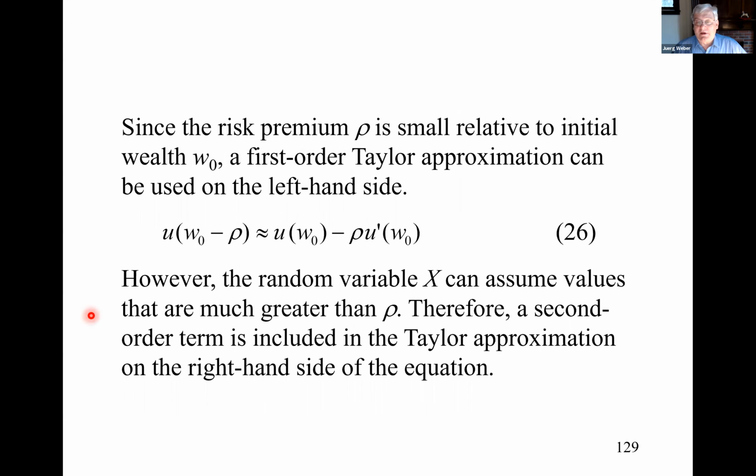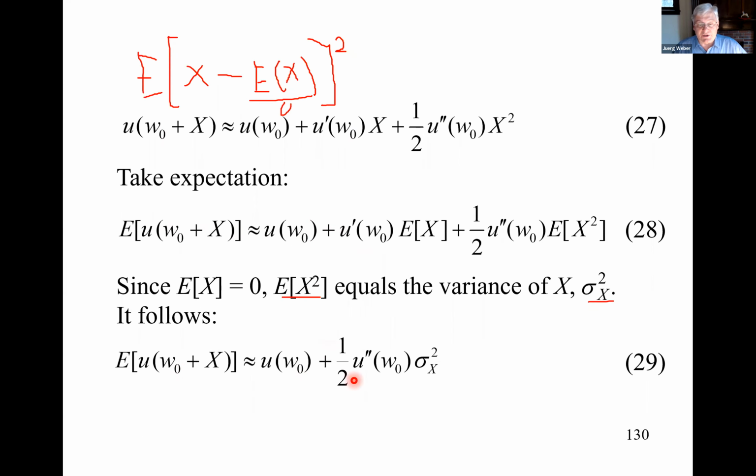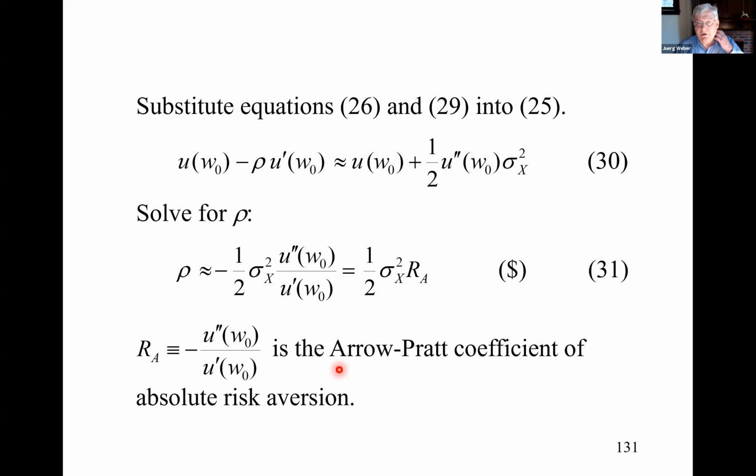Now we have those two terms, we can plug them in in 25. We put this on the left side, and that goes to the right side. So 26 and 29 now go into 25, and you can solve for rho.